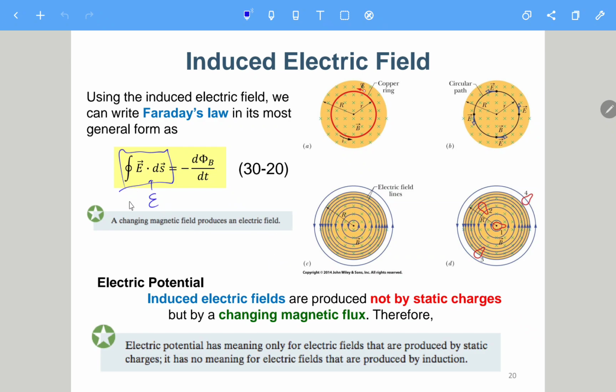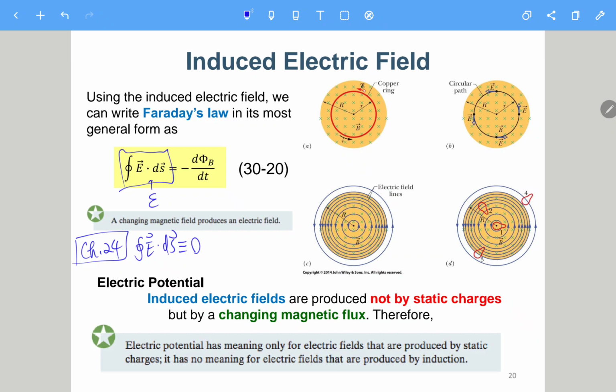Here we have to be careful. On the left side it is this line integral, but in chapter 24, when we talked about electrostatics, at that time, the integration of E dot ds for a closed path must be zero.